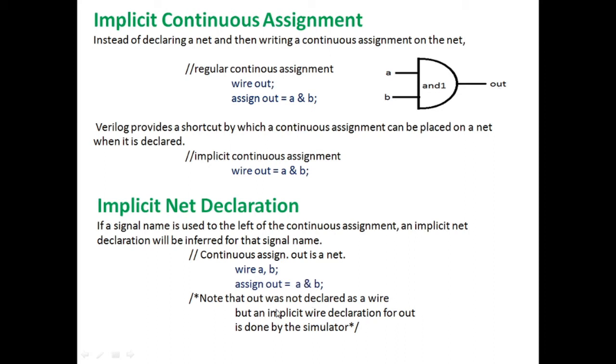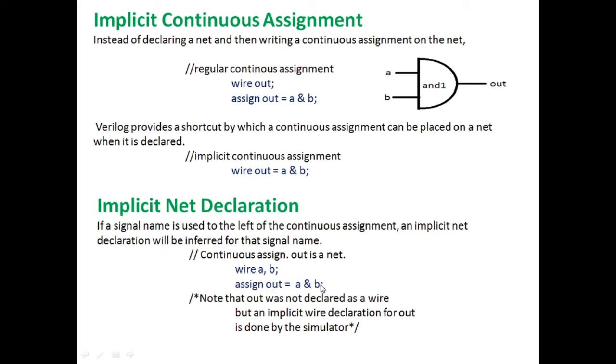So who will take care of that? The simulator will take care of that. That means if a signal name is used to the left of the continuous assignment and I didn't provide its type, an implicit net declaration will be inferred.